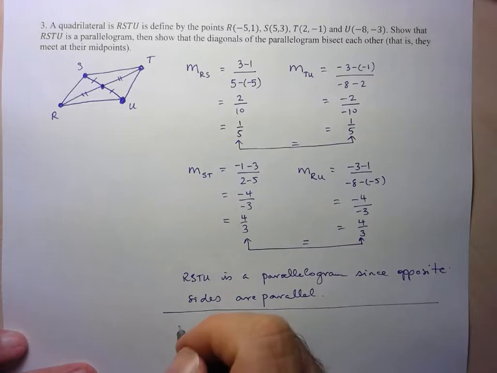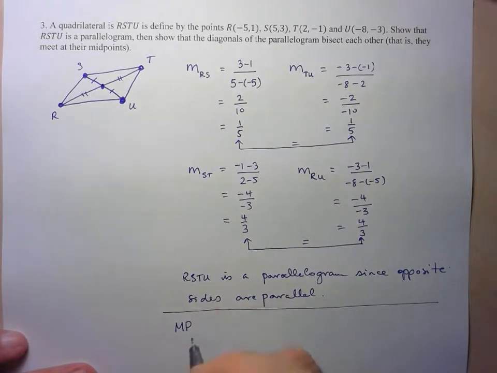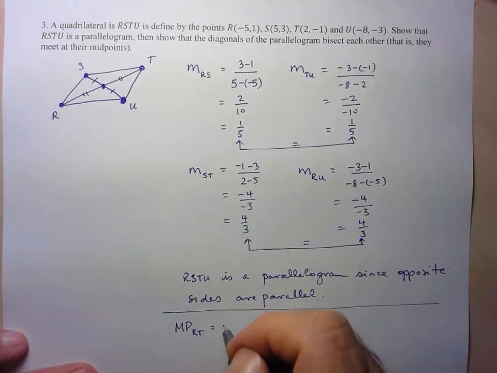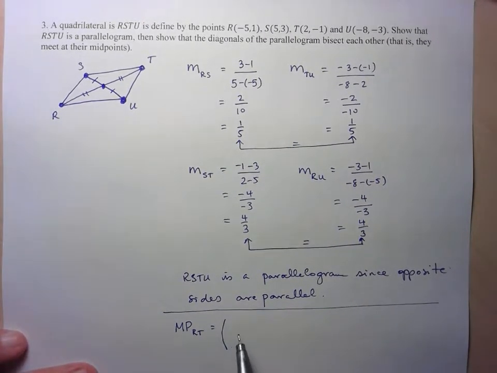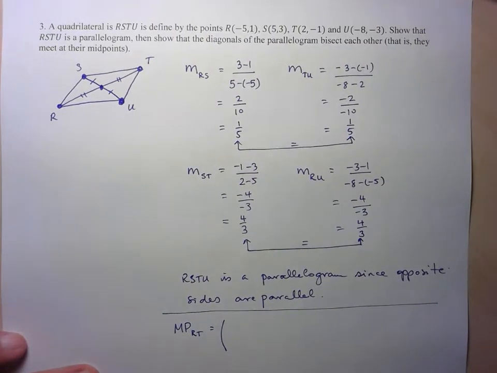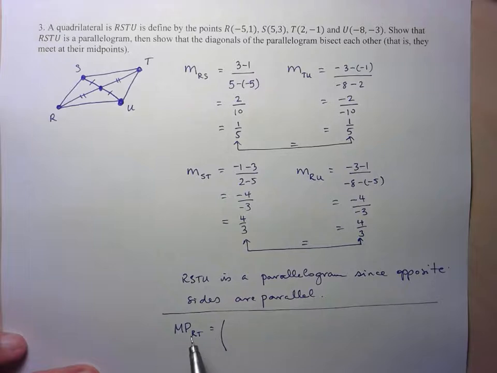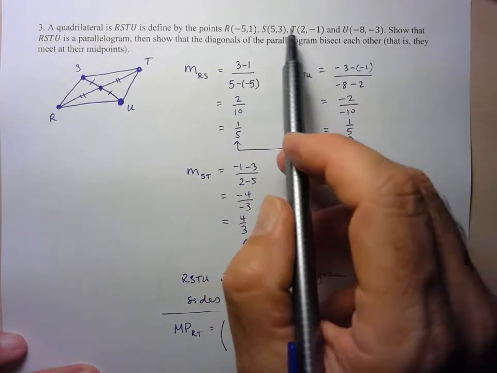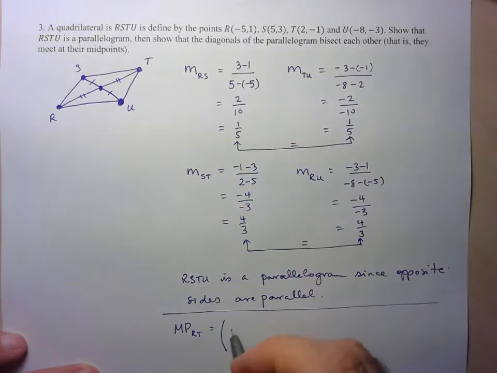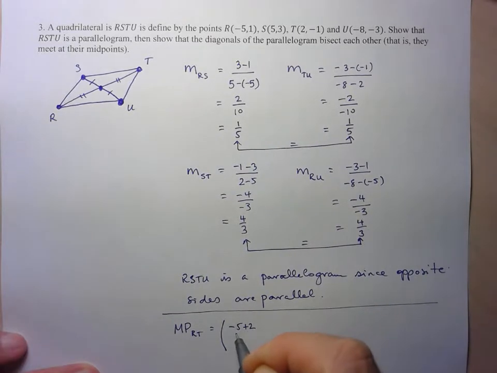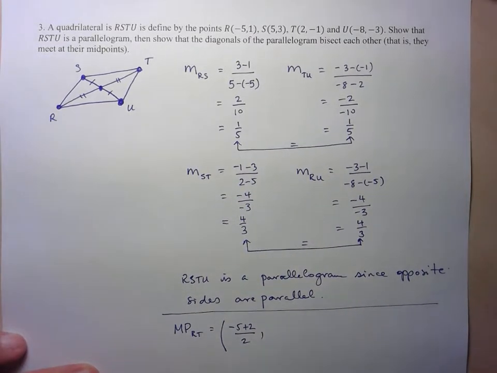The first thing I'm going to do is find the midpoint of, I'll start with RT. Our midpoint formula is, you can think of it as the average of the x values and the average of the y values. So let's find the average of the x values of RT. It's -5 plus 2 divided by 2, since there's only two numbers.